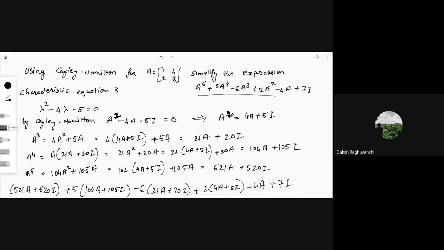Excuse me, sir, is it necessary to buy that calculator? It is not necessary actually, but I am suggesting it because in engineering, anyway, you are going to need it. So you buy it today or you buy it later. But if you buy it today, it will be very helpful to solve a lot of eigenvalue examples.